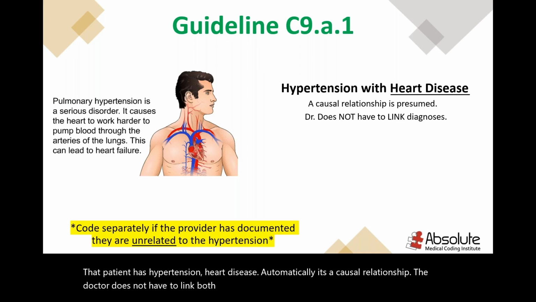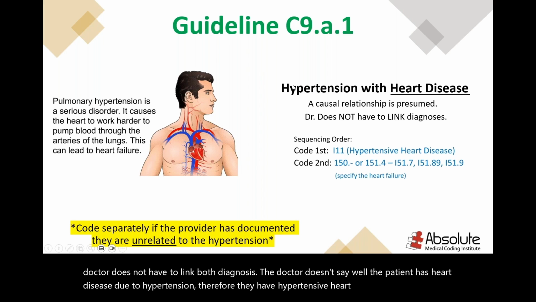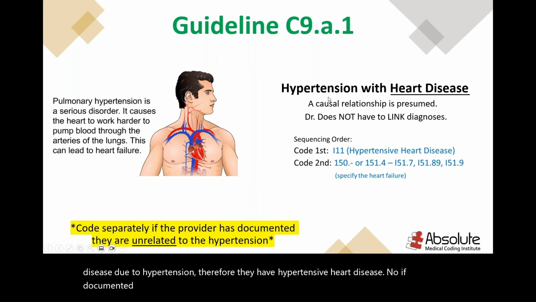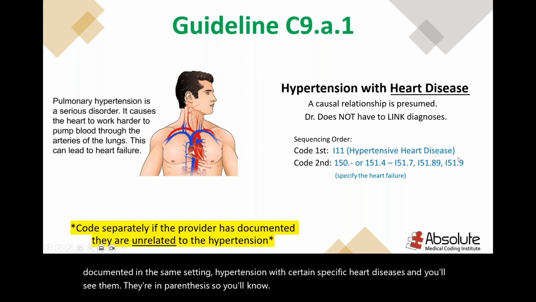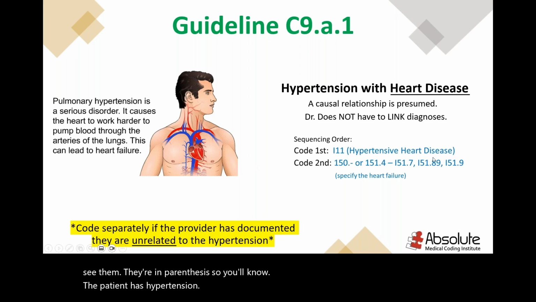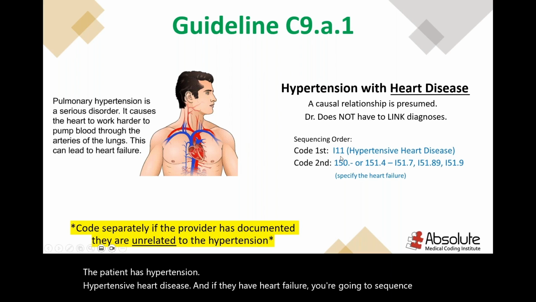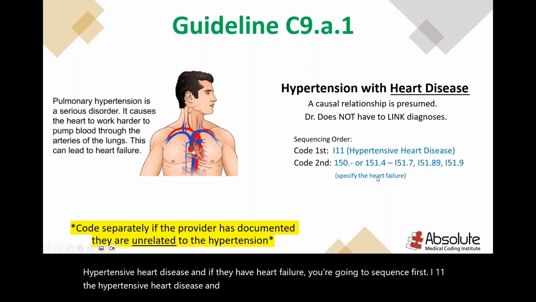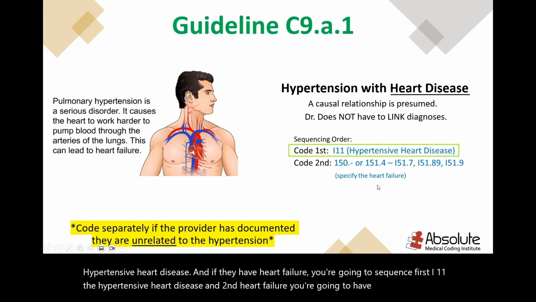The doctor doesn't say the patient has heart disease due to hypertension, therefore they have hypertensive heart disease. No, if documented in the same setting, hypertension with certain specific heart diseases, and you'll see them, they're in parentheses, so you'll know, the patient has hypertensive heart disease. And if they have heart failure, you're going to sequence first I11, the hypertensive heart disease, and second, heart failure. You're going to have to specify the heart failure.